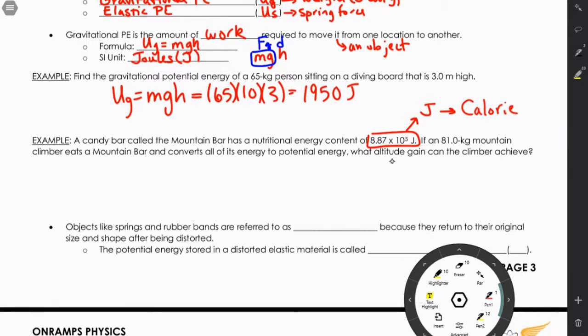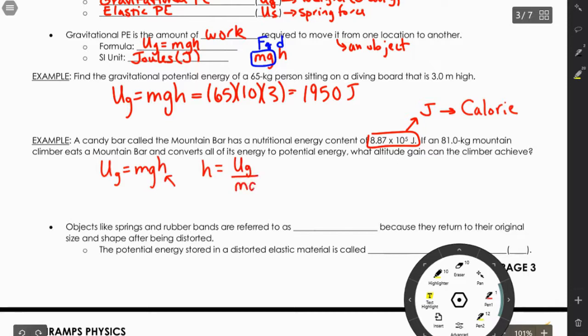We start with our equation, U sub G equals mgh, and we're going to solve this equation for h. All we're going to do is divide by mg. So h equals U sub G over mg. It's going to be 8.87 times 10 to the 5th joules divided by 81 times 10.